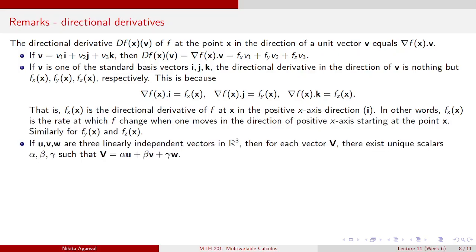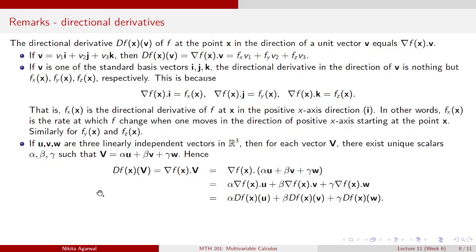Now this part is important. If u, v, w are three linearly independent vectors, then any vector in R3 can be written as a unique linear combination of these three vectors. This you have seen in your linear algebra course.